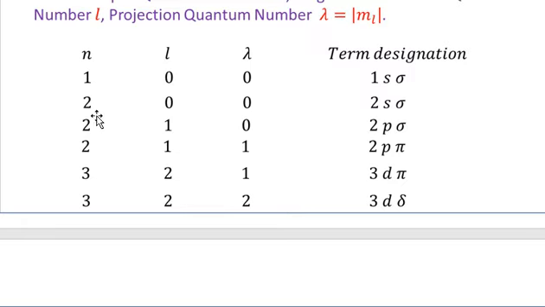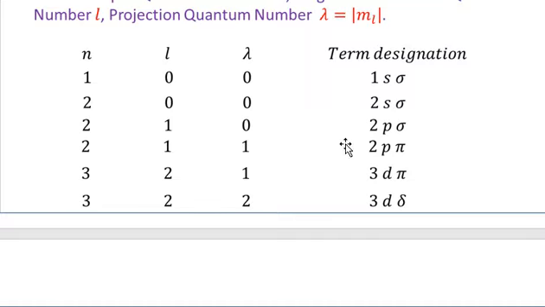In the second row we have n equal to 2, L equal to 0, and lambda equal to 0. Under this condition we have 2s sigma. 2 represents the principal quantum number n, s represents L equal to 0, sigma represents lambda equal to 0. Then again n equal to 2, we have L equal to 1 and lambda equal to 0.